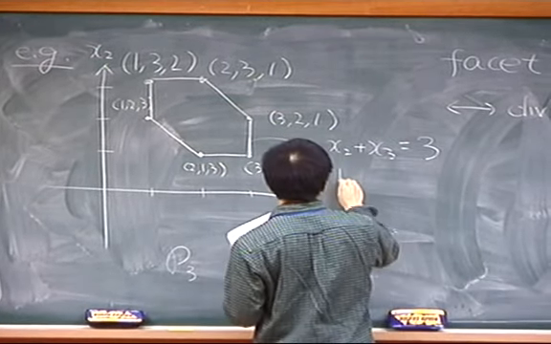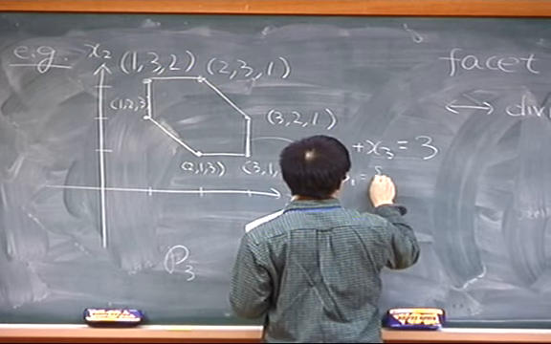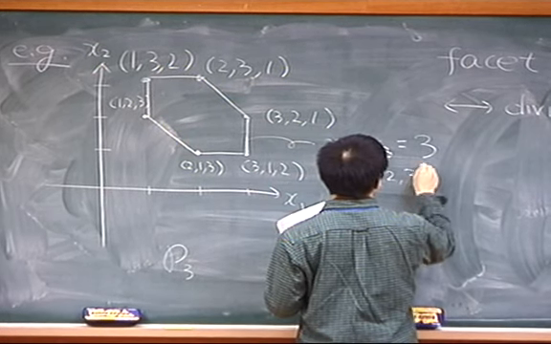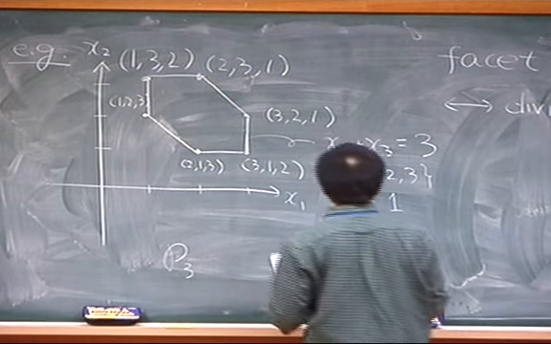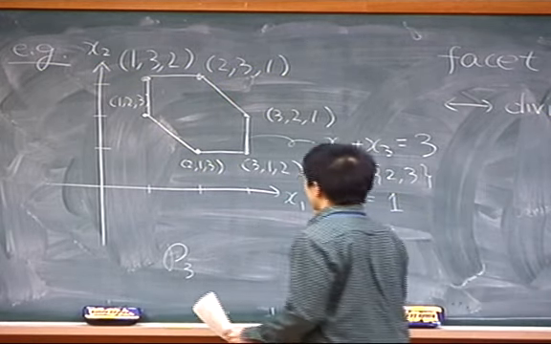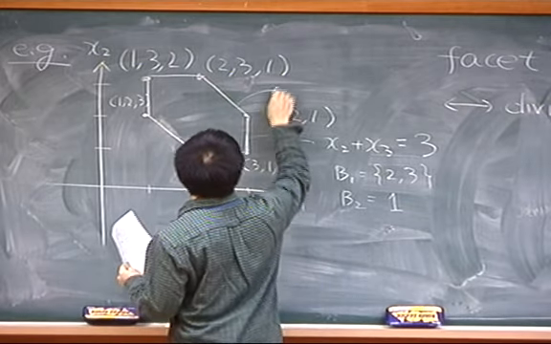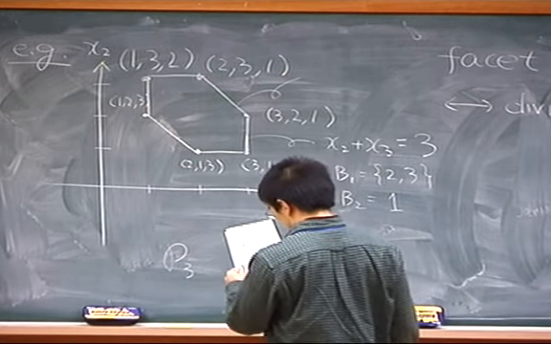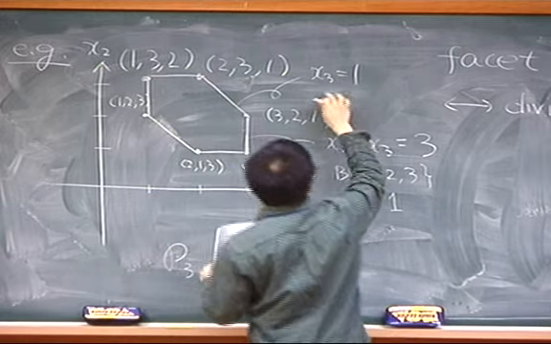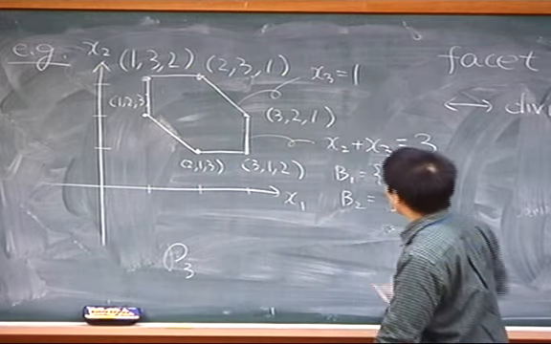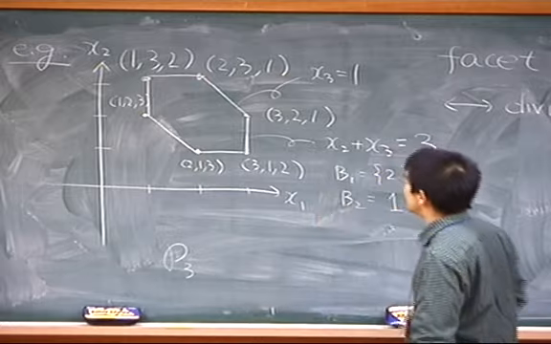So in this case, b1 equals {2, 3}, b2 equals {1}. Or for example, this part corresponds to x3 equals 1. So b1 is {3} and b2 is {1, 2}.